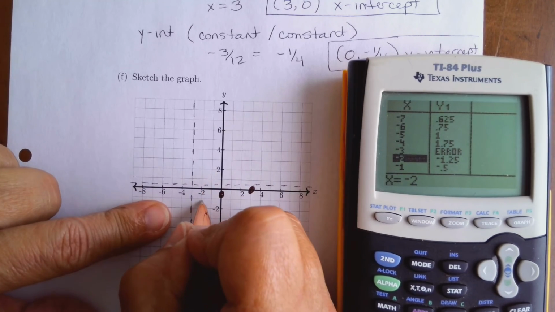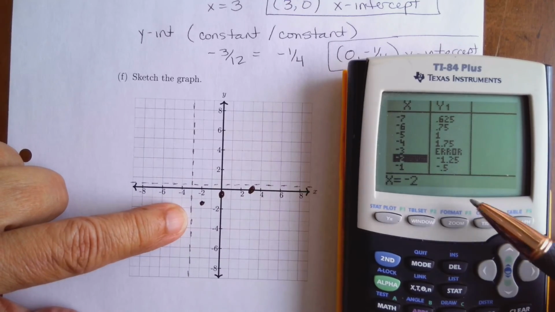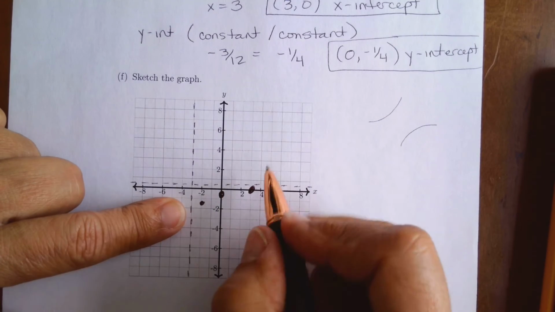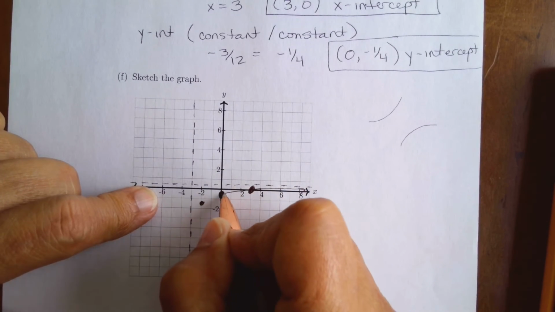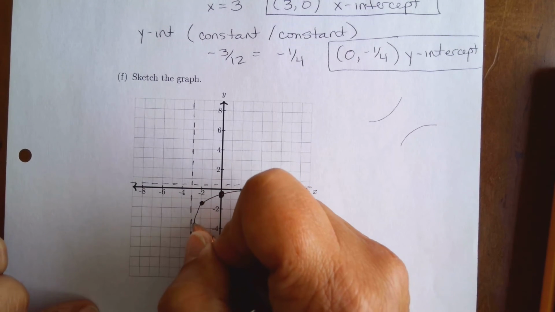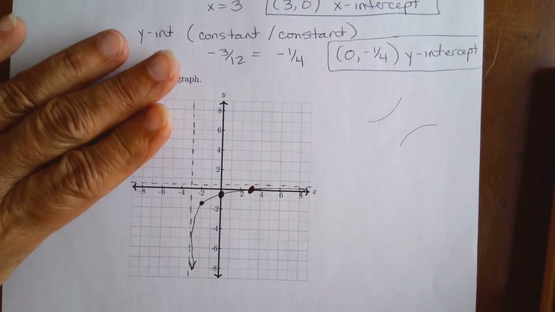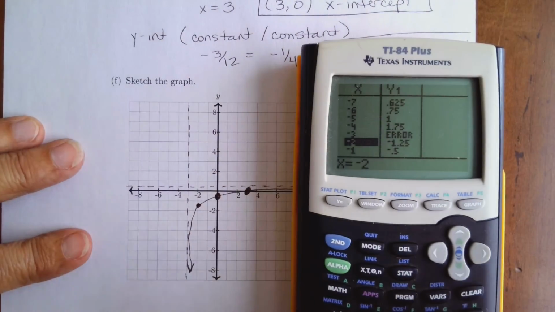Negative 1.25 is about here. Okay. Now, negative 3 is an error because that's the asymptote. So I know this side of the graph. I'm going to get really close to that. Go through there, and then it's going to get really close to that. Remember, there's limits. Okay? So that's what that side looks like. Now, I just need some points over here. So that's it.